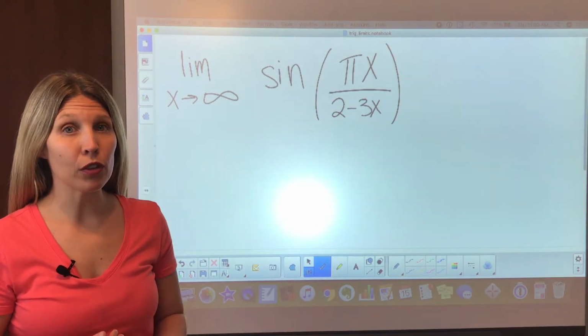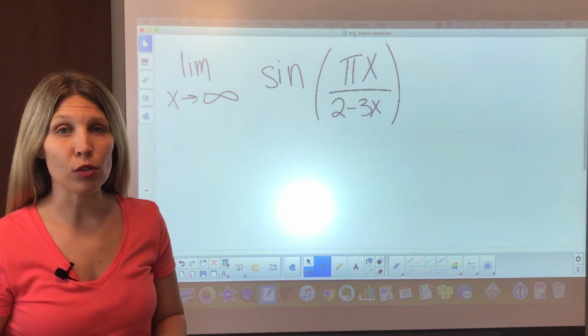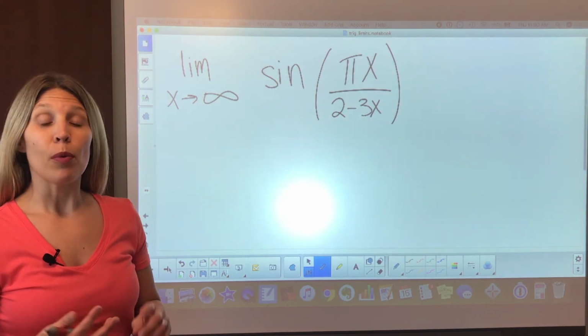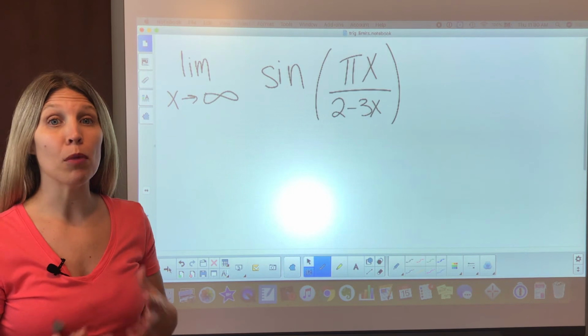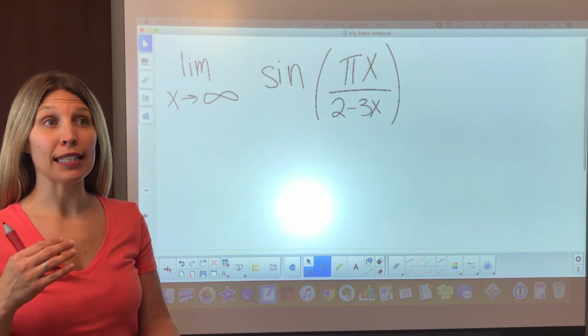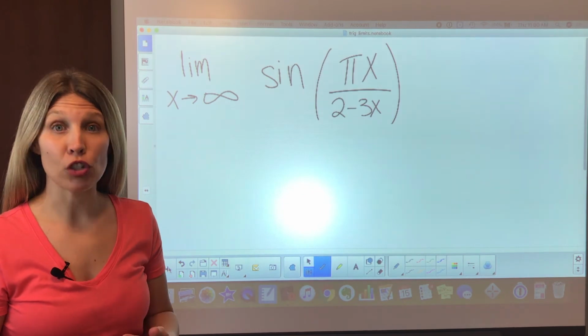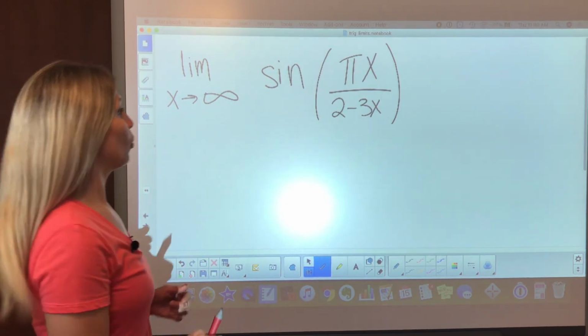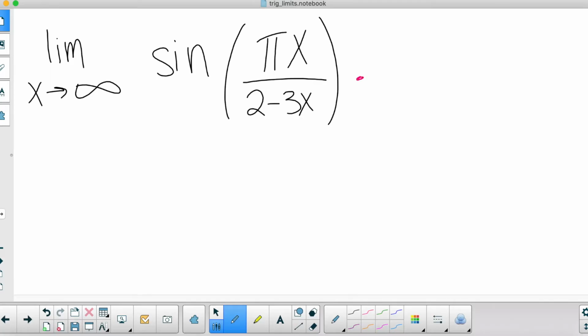Now this problem's a little trickier. We can't plug in for this one. We can't rewrite in terms of sine and cosine, but we can use a magic 1 and multiply by the conjugate, or multiply to get rid of the fraction in the denominator. And so that's what we're going to work on right here. We're going to multiply this problem by 1 over x.